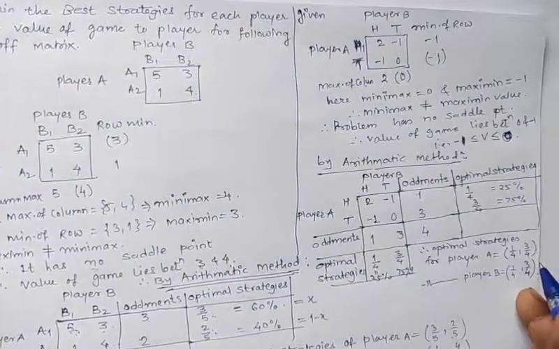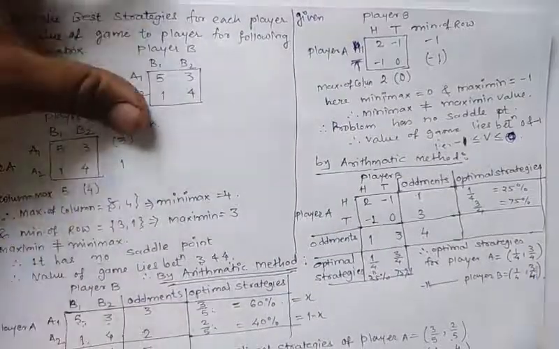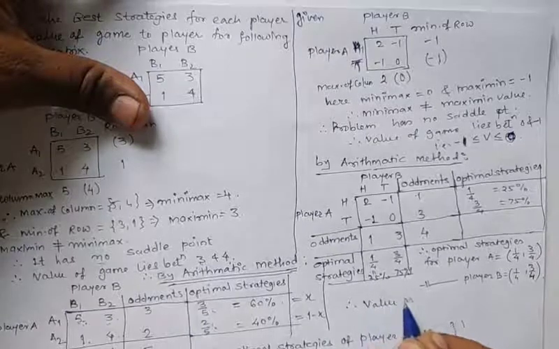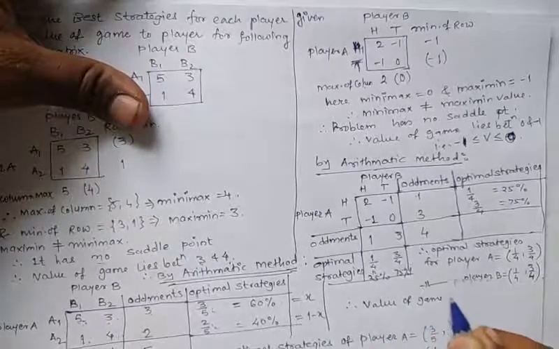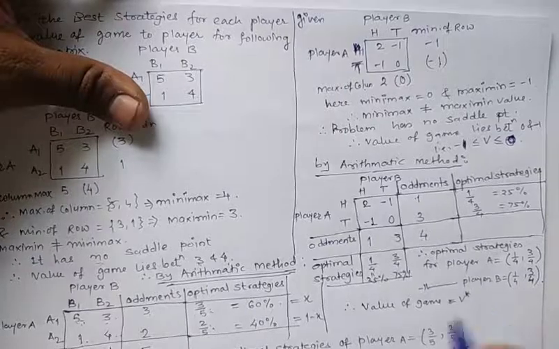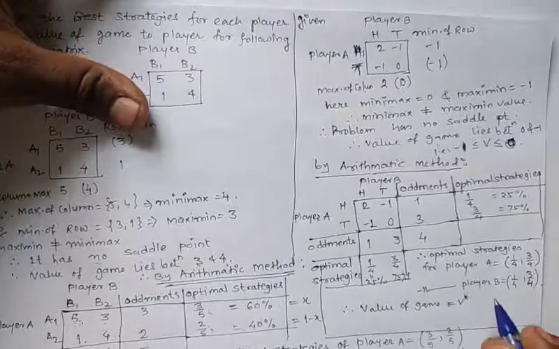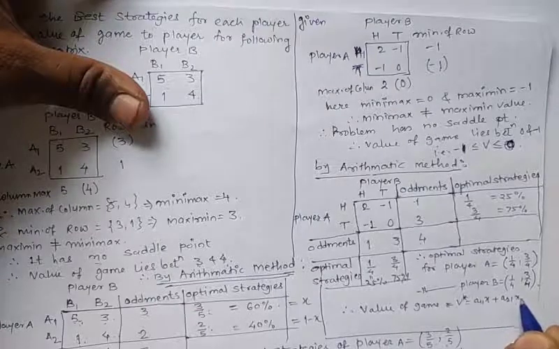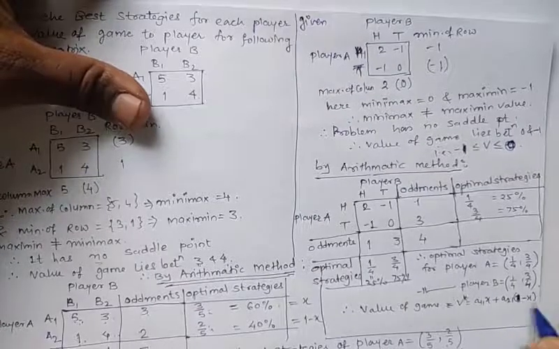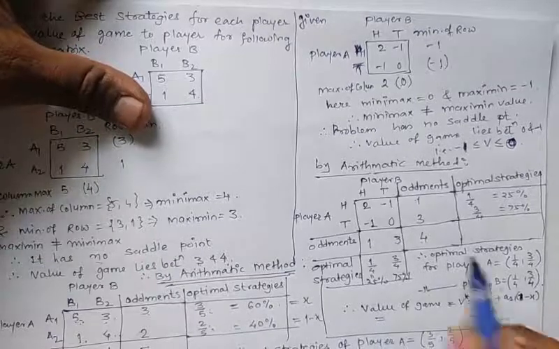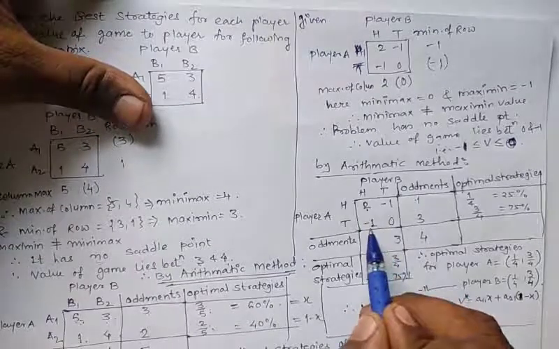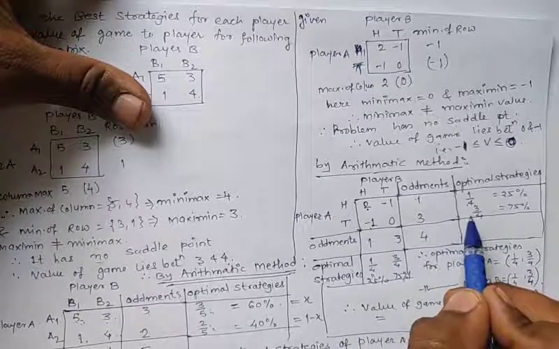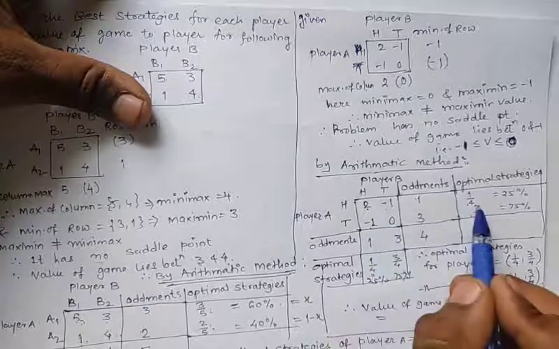Now we have to calculate the value of the game, which is V star. V star is equal to a11 x plus a21 into (1 minus x), where x is 1 by 4 and 1 minus x is 3 by 4.